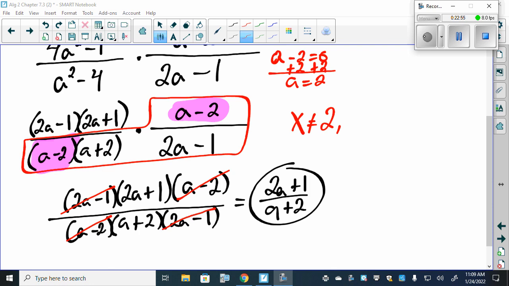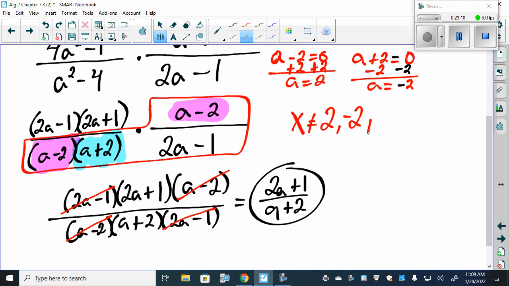And the other one we would look at is a plus 2, which would be negative 2, because we would subtract 2 from both sides, telling us a is negative 2. So if it's 2 or negative 2, it would cause a division by 0.